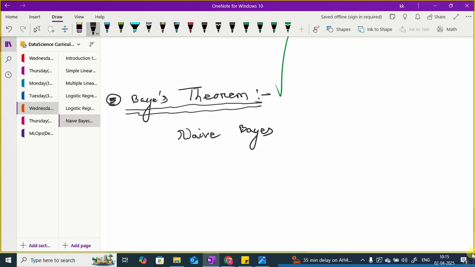He developed a famous algorithm or theorem, which we can use to solve conditional probability problem statements in a very easy manner. As he developed it, that theorem is called Bayes theorem. So Bayes is nothing but a surname. That's why it is called Bayes theorem. This is a famous mathematician. So how we solve conditional probability problems using Bayes theorem, and what other things we'll see, we'll cover once we come back from our break.